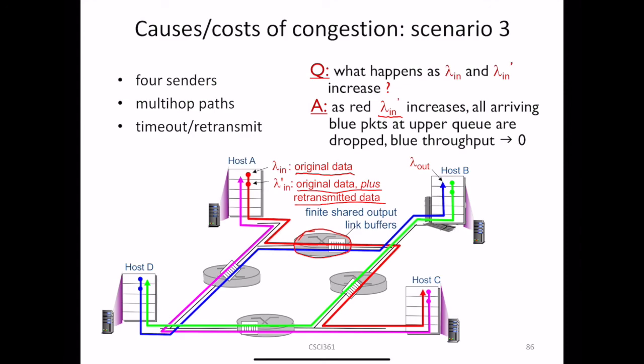Then when host D's packets arrive at this router, there's no free space in the router's buffer. So all of host D's packets will be dropped by this router. That means the blue, or host D, throughput will become 0, because the packets of host D can never reach their destination, which is host B.